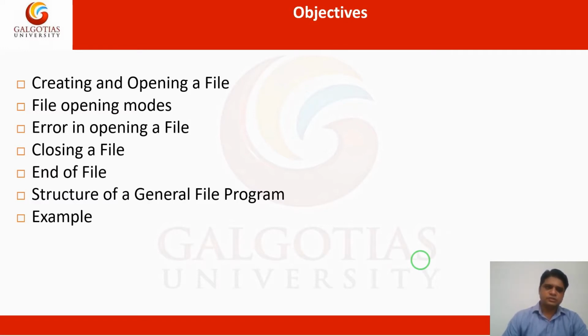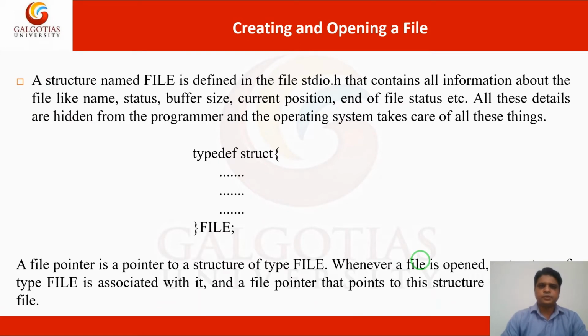So firstly we will discuss creating and opening a file. This is the first important section of this session. Whenever we have to perform any file handling operation, we have to create some structure or data from which we can get the information.